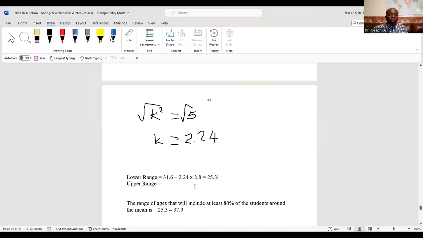Then repeat the same thing for the upper range. Since it's going to be the same thing, it's just that we put a plus sign on that one. So copy it and paste it here, then change this to a plus sign. Then go to our calculator and change it to a plus sign as well.